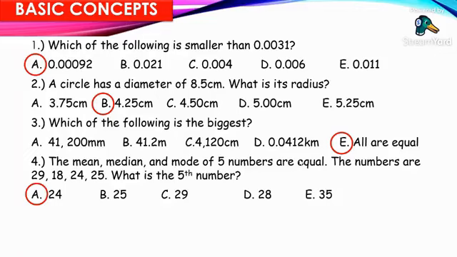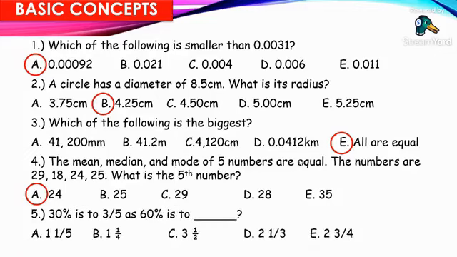Okay, the next, let's have problem number 5. Okay, below, problem number 5. May percentage. 30% is to 3/5. 60% is to blank.